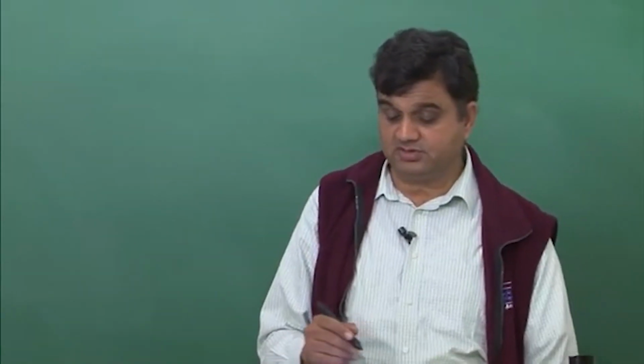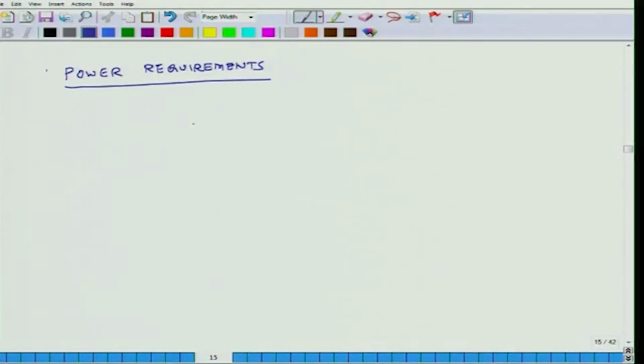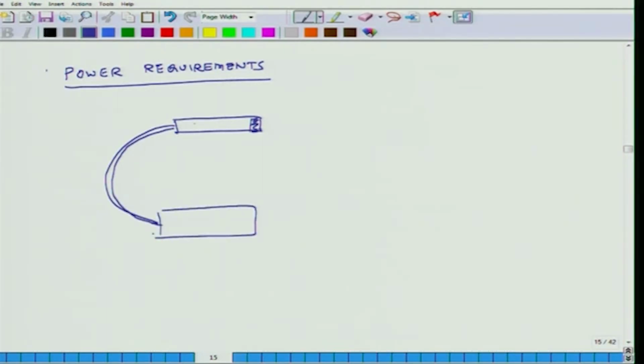There are some microphones where, suppose I have a microphone, the data goes through this cable to some box, and from here it goes to the data acquisition system. This is one configuration.